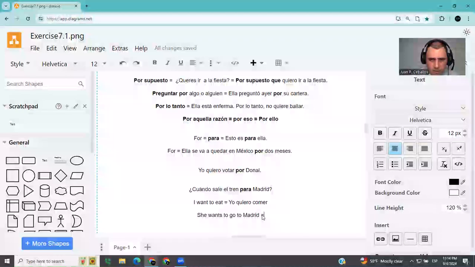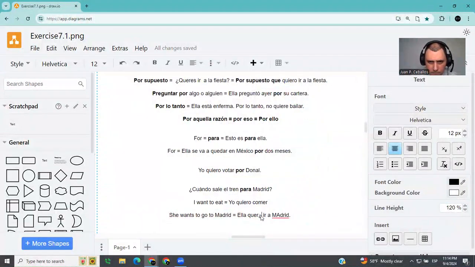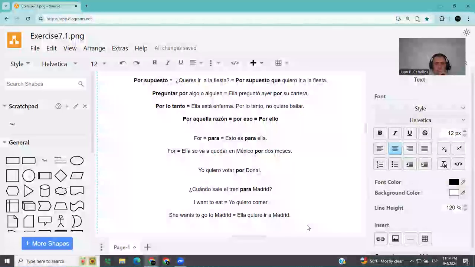So the first one will be ella quiere ir a Madrid. Okay. So to in this case doesn't have a translation. Ir. Okay. But this one does, it is a.